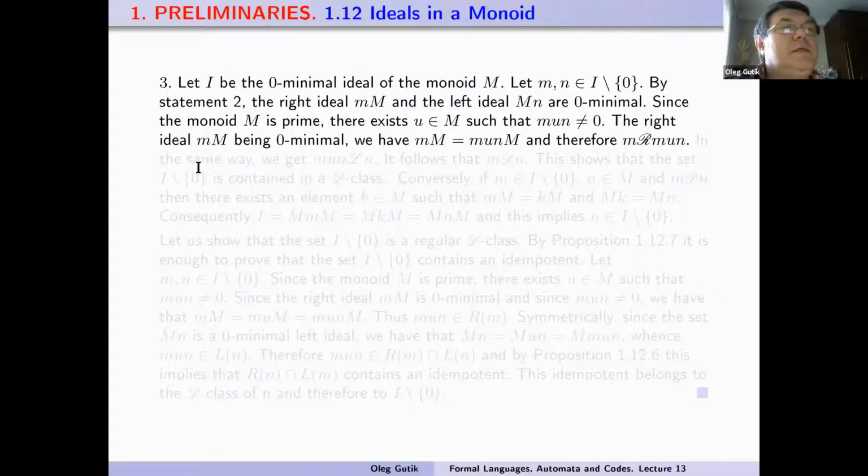The right ideal M capital being zero minimal, we have that M capital is equal to MUN capital. Therefore, element M is R equivalent to the element MUN. In the same way, we get that element MUN is L equivalent to element N. It follows that element M is D equivalent to element N.